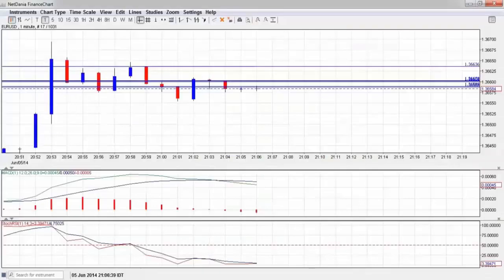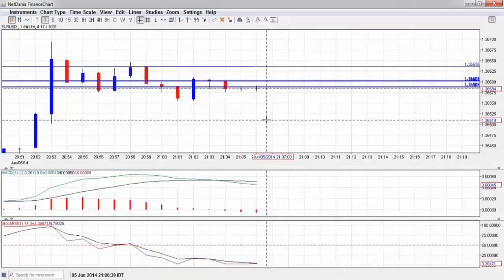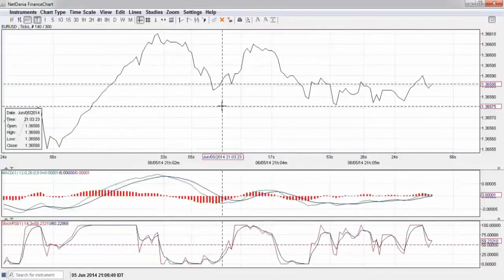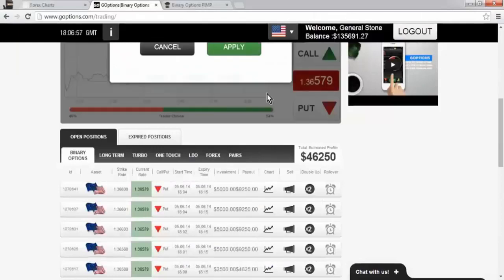I didn't take that trade in the end, and I think it's a good thing too because the price is just skidding around that 580 mark. So realistically, I'd love to get in a bit higher. I do feel it's going to be coming down, so I'm going to have a look at the ticks. The ticks are making me feel very confident in my opinion, so I'm actually going to get back here.